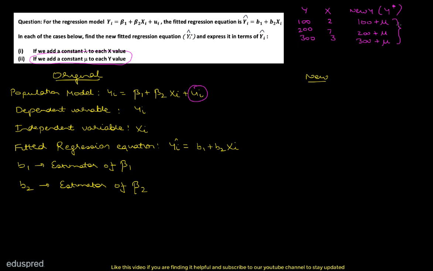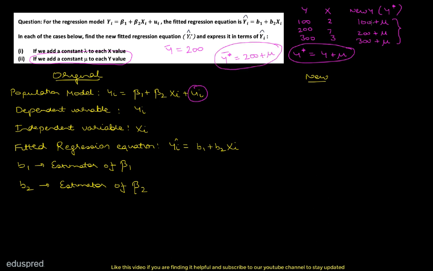Now once again, what's the relationship between y star and y? Well, y star is just equal to y plus mu. That's the first thing. And if you want to find the relationship between the mean of y star and the mean of y, then even that's going to be simple. The mean of y, which is y bar, is 100 plus 200 plus 300 divided by 3. So that's just going to be 200. And if you try to find the mean of y star, that means y star bar, you will see that the mean will come out to be 200 plus mu.